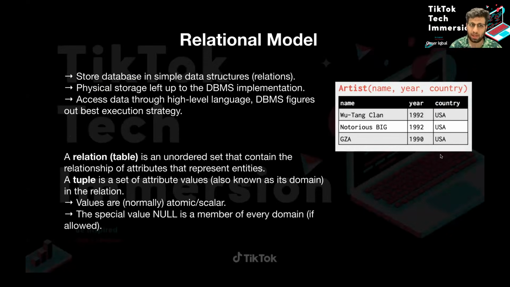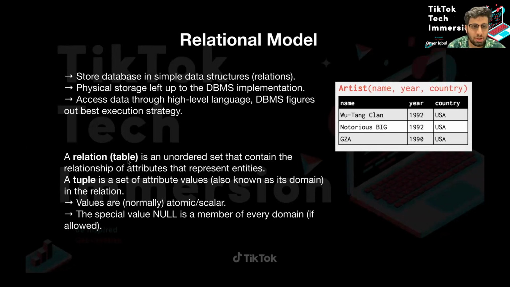The key principle here is that the physical storage, how it's actually stored, is left to the DBMS, the database management system. The DBMS will decide how to store it. The application layer does not control this. The application layer only talks to the DBMS by using some high-level language. In many cases, this is SQL, all right?